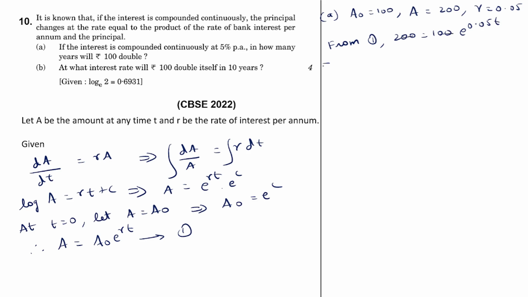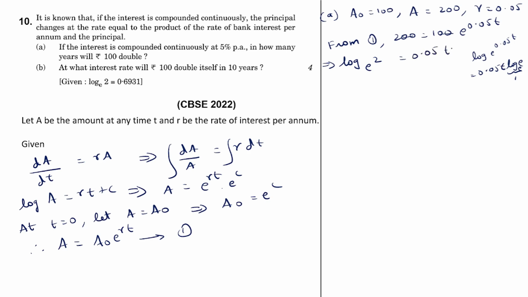Let us take log on both sides. Log 2 to the base e is equal to log e raised to 0.05t, it is 0.05t log e. This log e is log e to the base e, so it is 1.